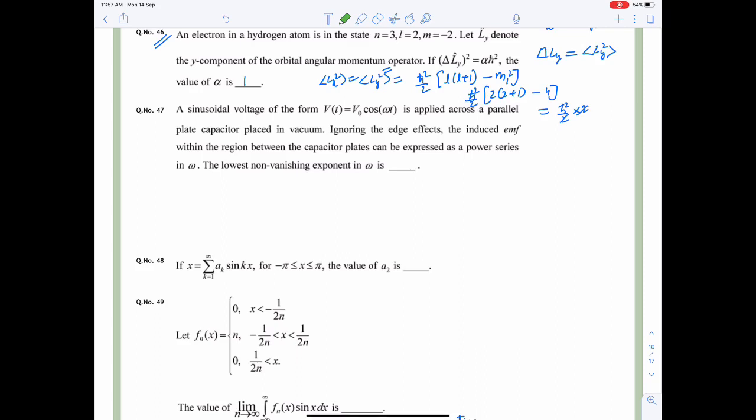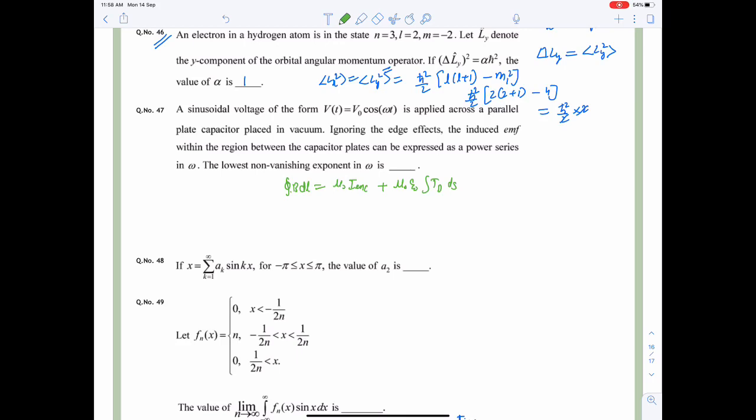Here you can apply Ampere's law, that is the integral of B dot dl is equal to mu naught I enclosed plus mu naught epsilon naught integral of Jd dS.